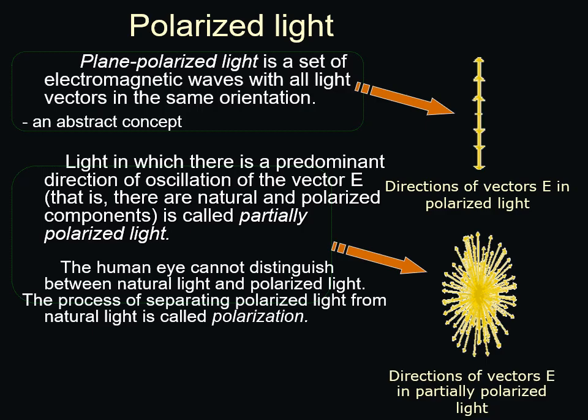The peculiarity of polarized light is that with the help of vision, a person does not distinguish natural light from polarized light. The process of isolating polarized light from natural light is called polarization.